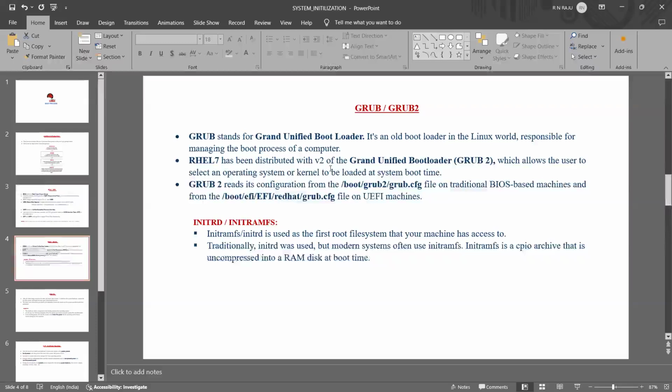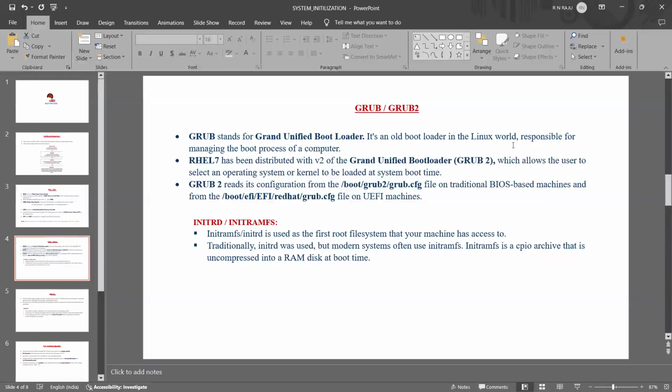But Linux uses grub or grub2. Why are we calling it grub or grub2? Grub is the old Linux bootloader file. But in the latest, after Red Hat 7, grub2 is your bootloader file name. What is the full form of grub? Grand Unified Bootloader, and version 2 and the previous version. Grub stands for Grand Unified Bootloader.